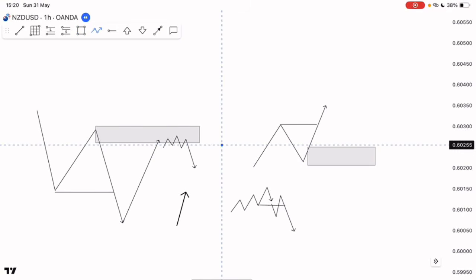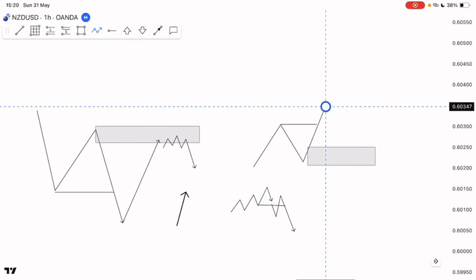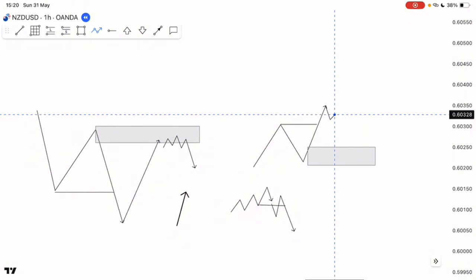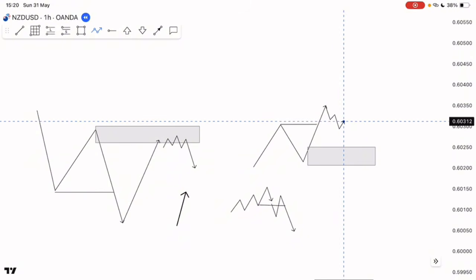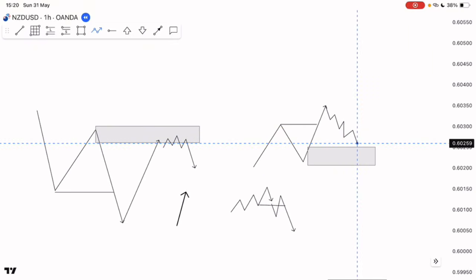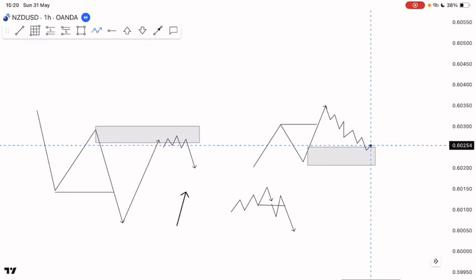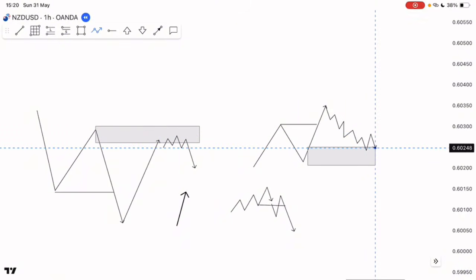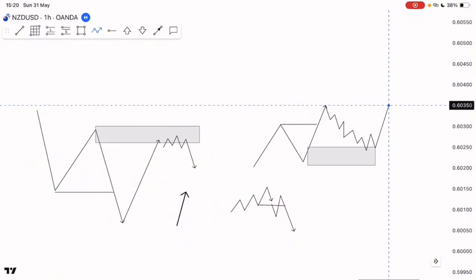Then price will come down. When price is coming down, this is what you'll be seeing in the smaller time frame: a series of lower lows, lower highs while dropping. Then once price takes out this high and comes back, we'll start buying up. This is exactly what we'll be looking out for.